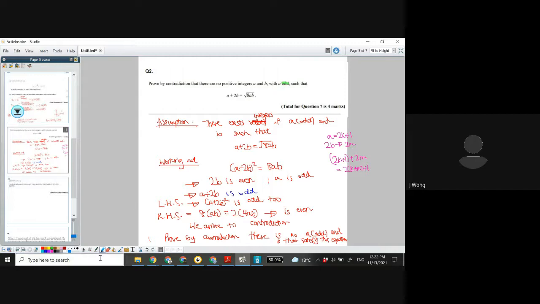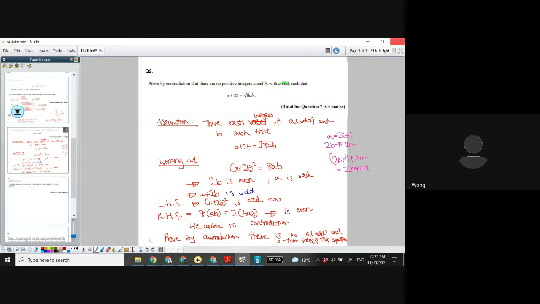When it is about odd numbers, usually you want to arrive at a contradiction, where the left hand side and right hand side don't have numbers of the same nature. In this case, the left hand side is odd, and the right hand side is guaranteed to be even.